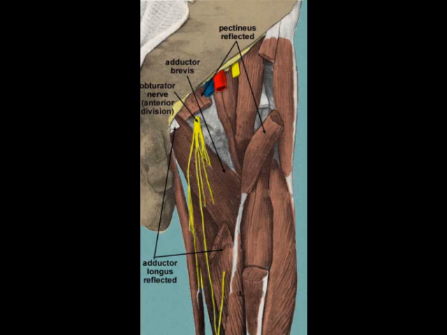You can see the obturator nerve there also, and the adductor longus muscle. Those are all adductors, more medial to your body, or the inner side of your body, that connect to your pelvis.